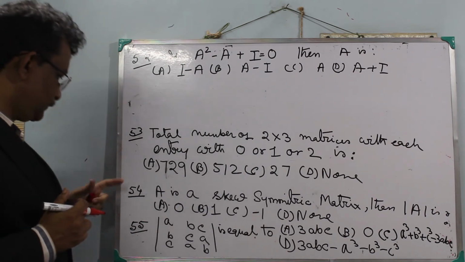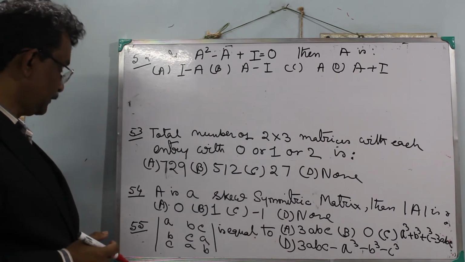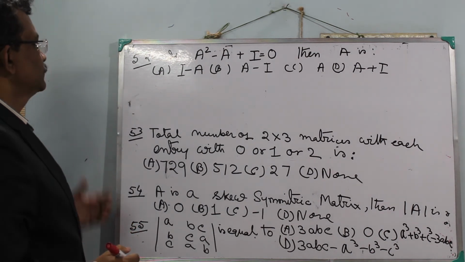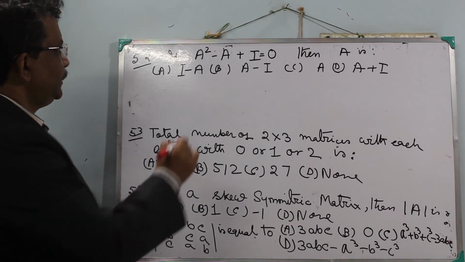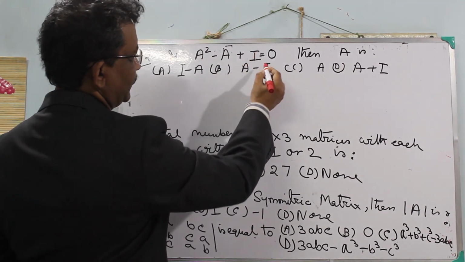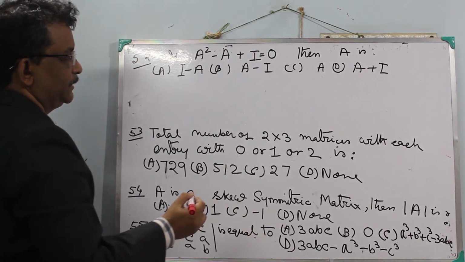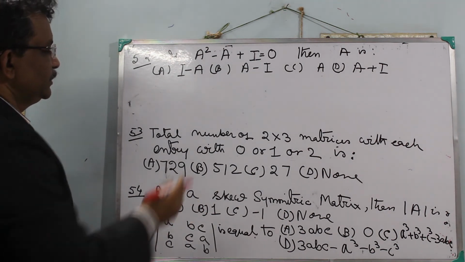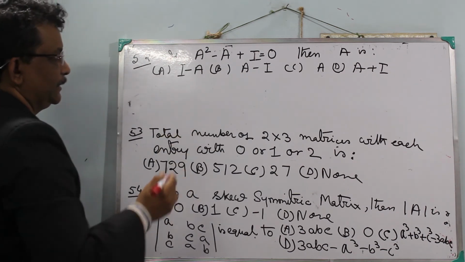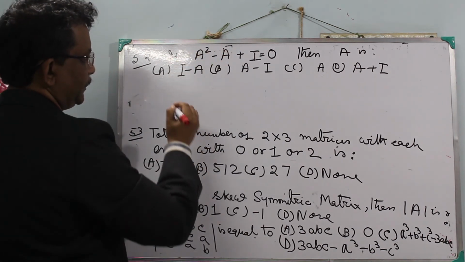52, 53, 54, 55. These are the last 4 problems of part 3 video on matrix. So let's solve. If A square minus A plus I, meaning identity matrix, equal to null matrix, then A inverse is equal to. In this type of problem, we will pre-multiply each term by A inverse.